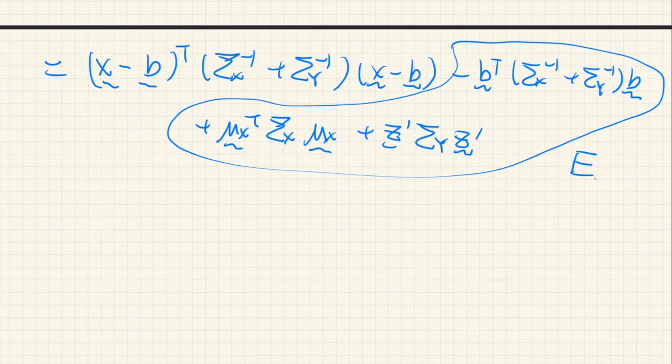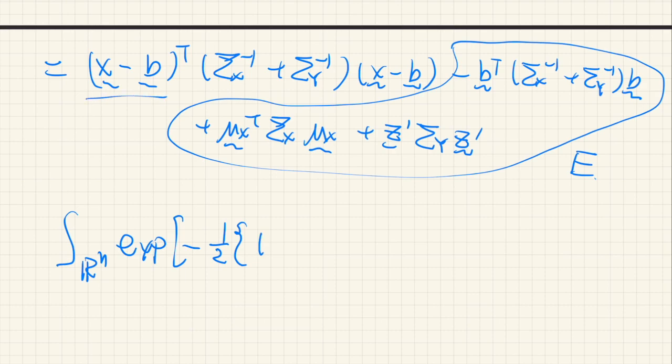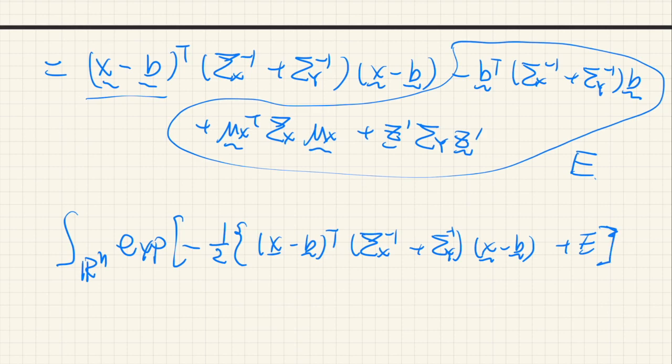So if we put this back into the exponential function, and we want to integrate this exponential of negative one over two, this thing, x minus b transpose times sigma x inverse plus sigma y inverse times x minus b, plus E, dx.